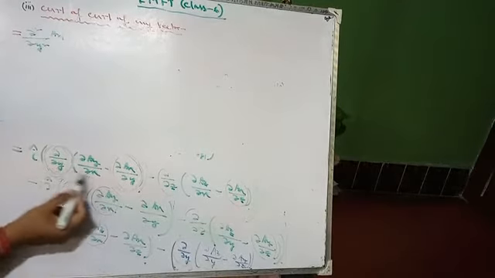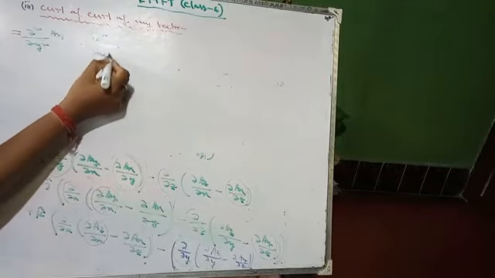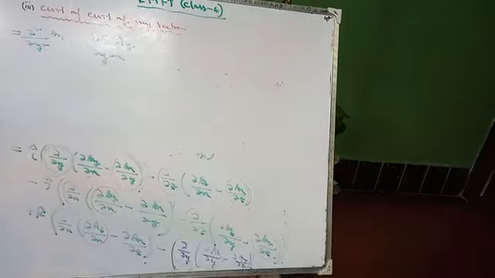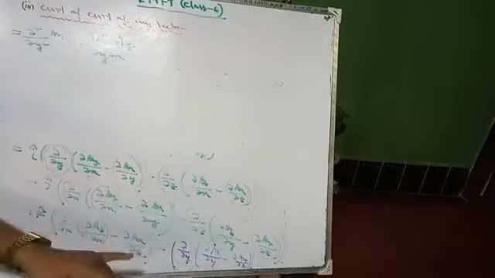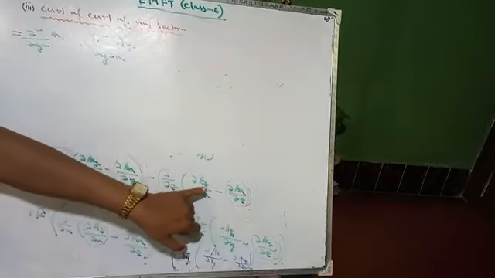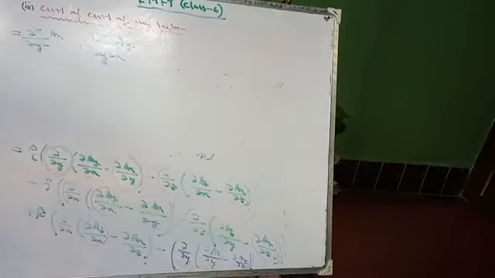And these two terms you can write as del 2 del y del x of ay. Similarly, this one you can write as del 2 del z2 of ax, and del 2 del x del z of az.